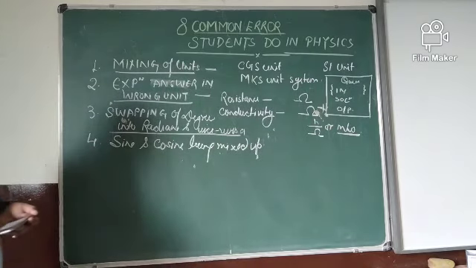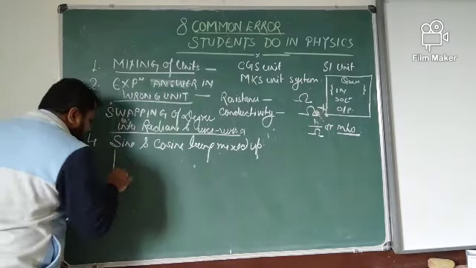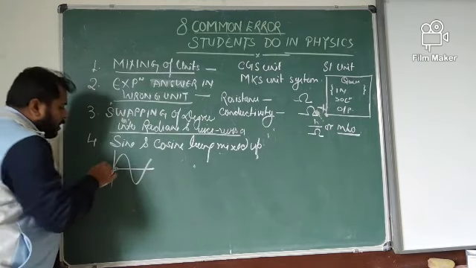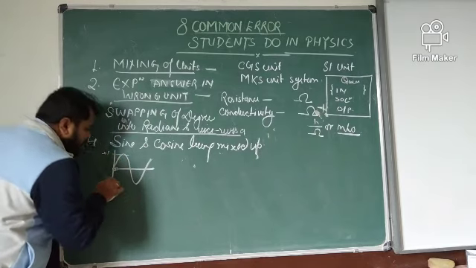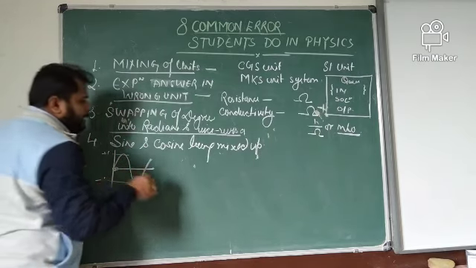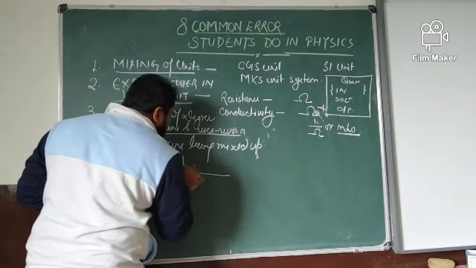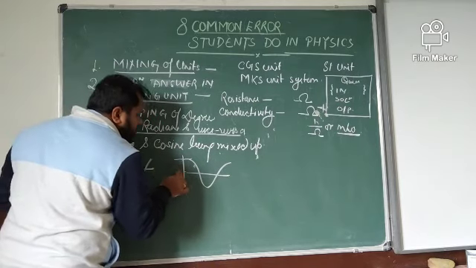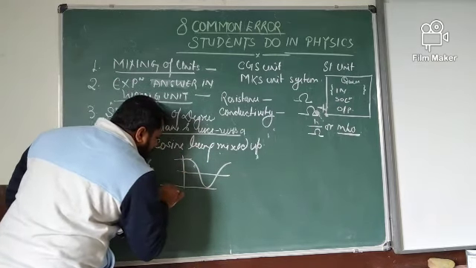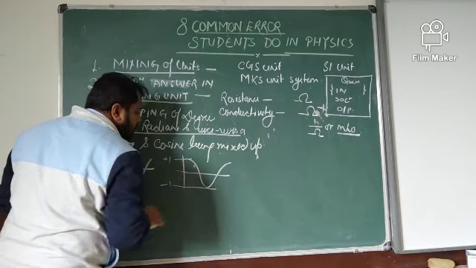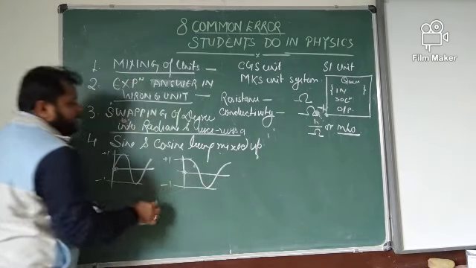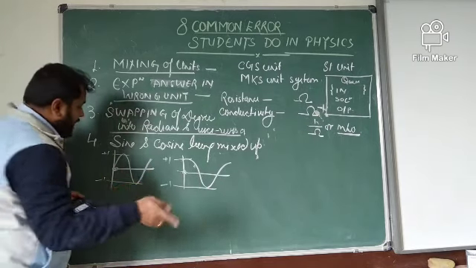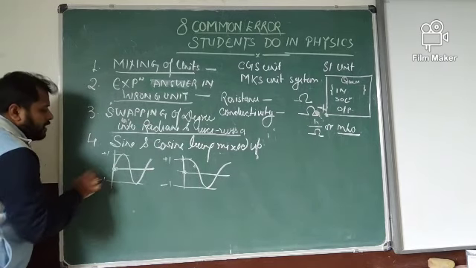Now how does this happen, sir? This is the graph of sine. It starts from 0, with maximum value +1 and minimum value -1. And what is the graph of cosine? It starts from this point, with minimum value -1 and maximum value +1, but at 0 degree its value is not 0 like sine.